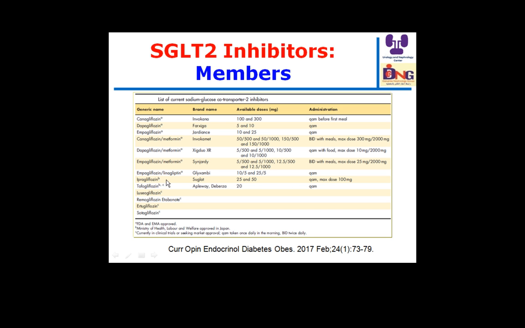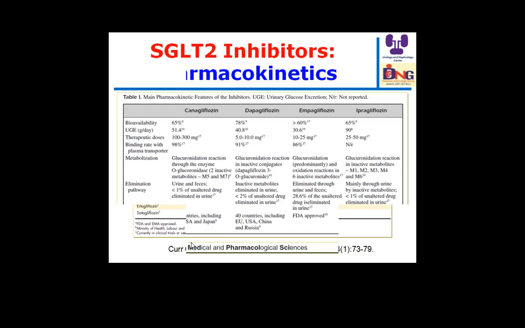Regarding B and C, B means approved by the Ministry of Health and Welfare in Japan. C means it is still under clinical trial and awaiting approval. So these are the names of the drugs within the class of sodium glucose cotransporter 2 inhibitors.